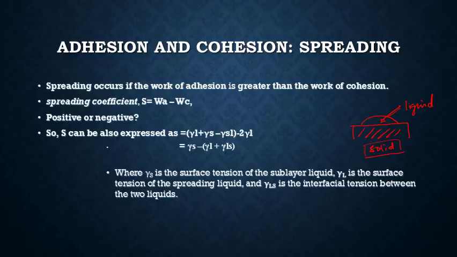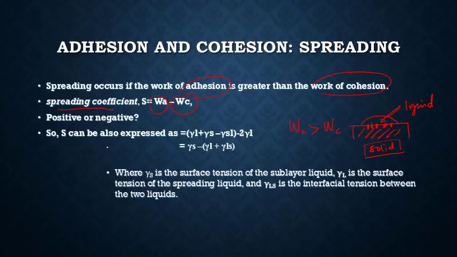So spreading occurs if the work of adhesion is greater than the work of cohesion, meaning that the attraction between the solid and liquid should be higher than cohesion. So the spreading coefficient is equal to WA minus WC.